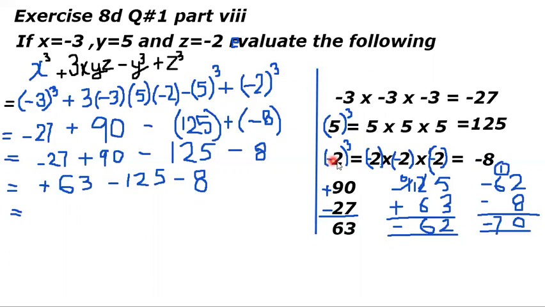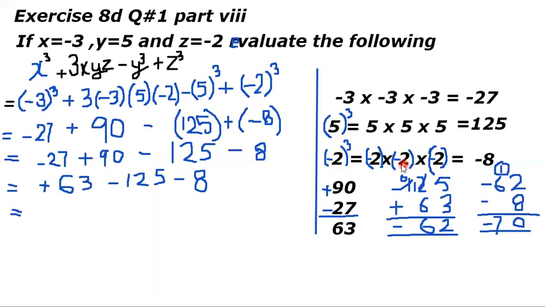Here, negative 2 cube means negative 2 multiplied by negative 2 multiplied by negative 2. First, we will multiply the signs. Negative multiplied by negative gives us a positive sign, and positive multiplied by negative gives us a negative sign.